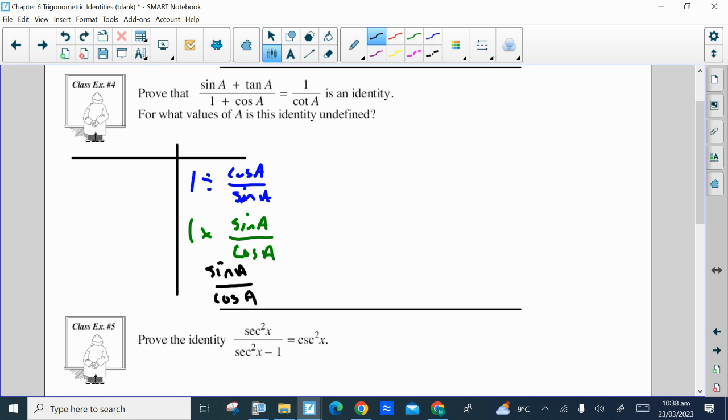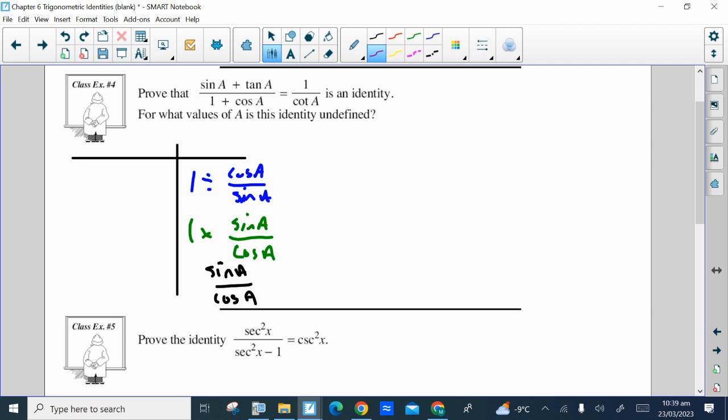And we could write that as tangent if we wanted to. For now, I'm just going to leave it as sine over cos. And now I need to work down the left side. I need to make the left side also become sine over cos or tangent.